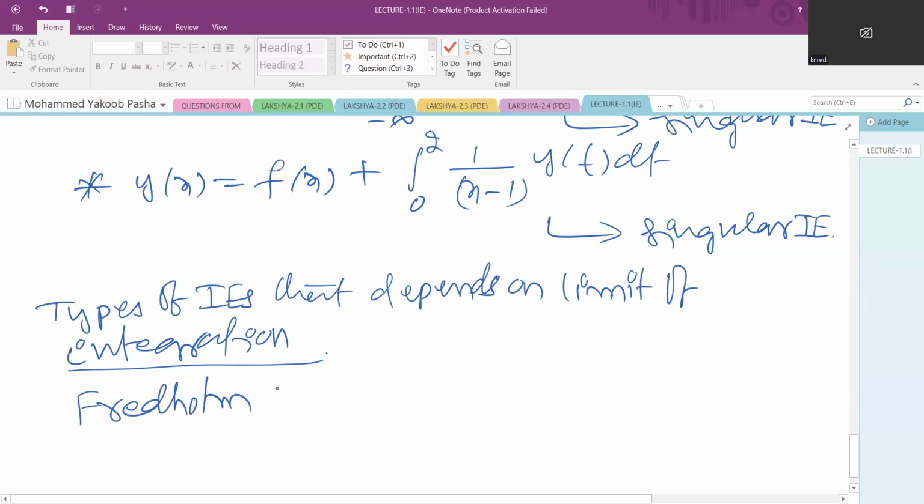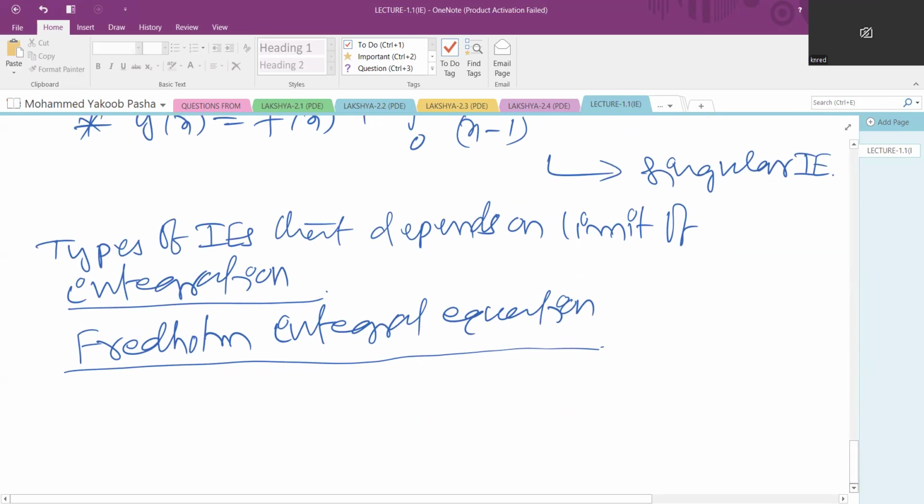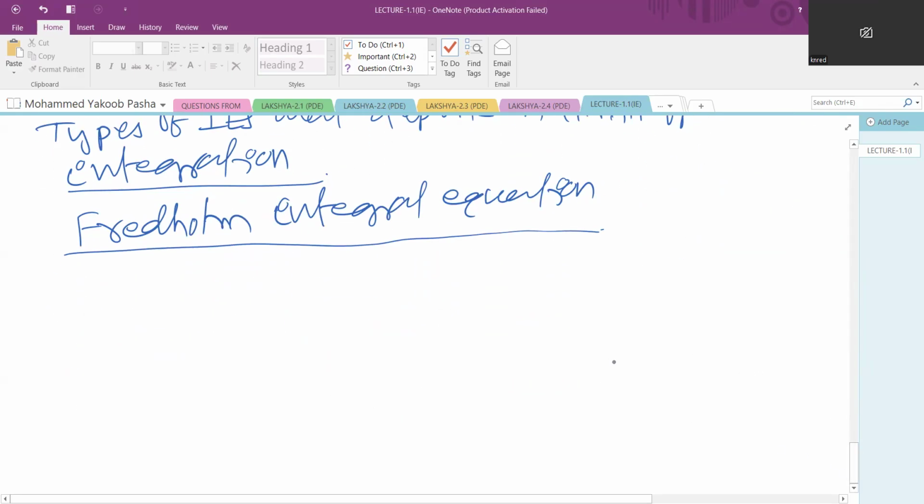An integral equation is said to be a Fredholm integral equation if both limits of integration are constants. We already discussed the integral from a to b, where a and b both are constants. In this case, the integral equation is called a Fredholm integral equation.